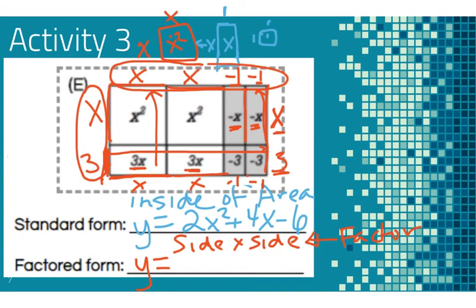So again, the factors, I just have to look at one of the width lengths and one of the top lengths. All right, so what am I going to do to combine those? If you said add, you are absolutely correct. Let me put this in parentheses. I have x plus 3 because that's what I see here. I see x plus 3 gives me that length. And I'm going to multiply it, so I'm going to make the parentheses touch.